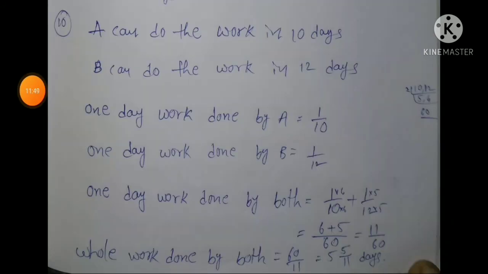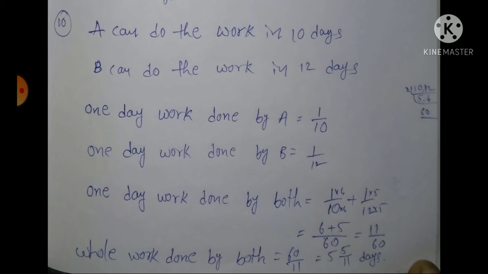Next question, A can finish a piece of work in 10 days and B can finish the same work in 12 days. How long will they take to finish the work if both work together? Okay, A can finish the work in 10 days, B can do the same work in 12 days. So 1 day work done by A is 1 by 10, 1 day work done by B is 1 by 12.